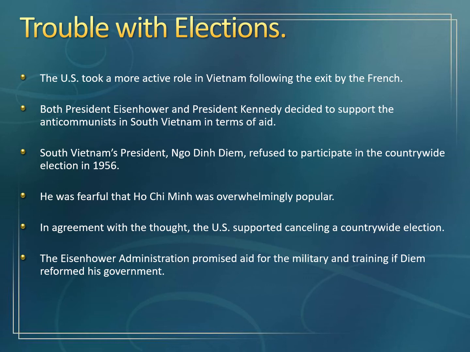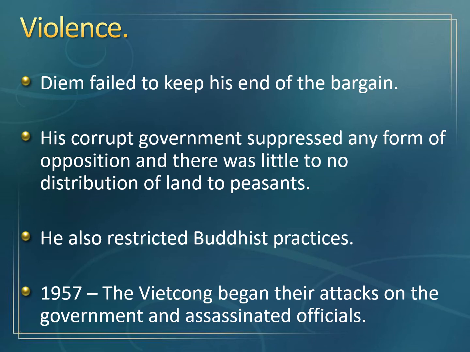Now, the Eisenhower administration promised aid for the military and training for South Vietnamese troops if Diem reformed his government. But Diem failed to keep his end of the bargain. His corrupt government suppressed any form of opposition, and there was little to no distribution of land to peasants.